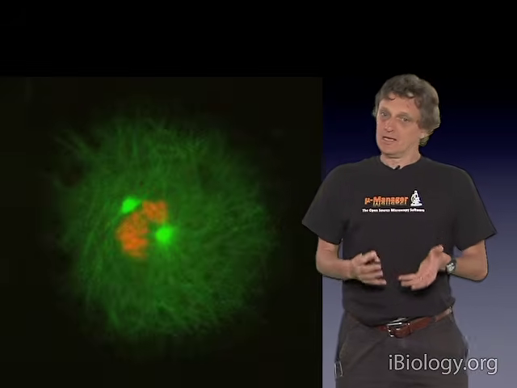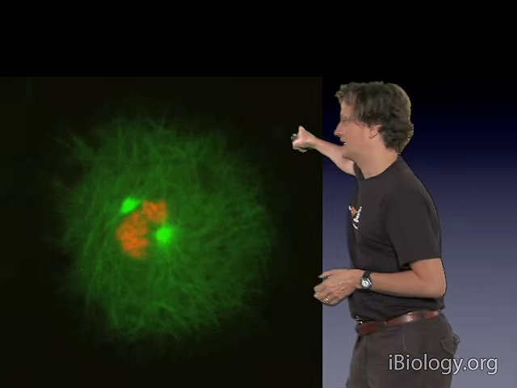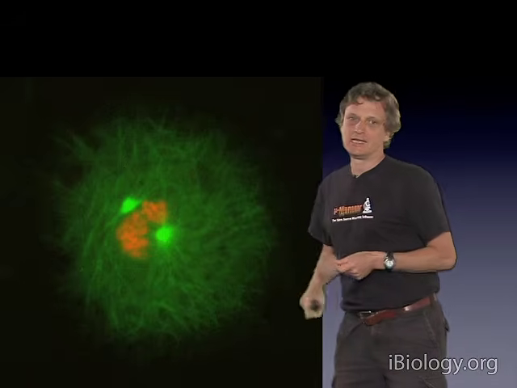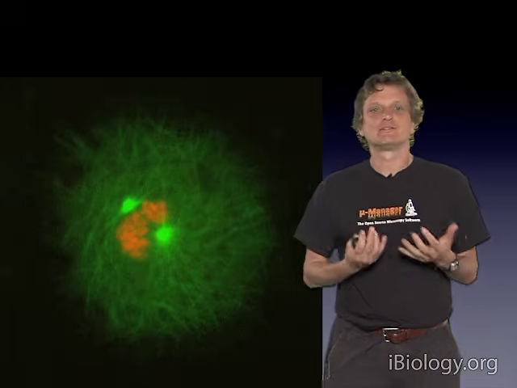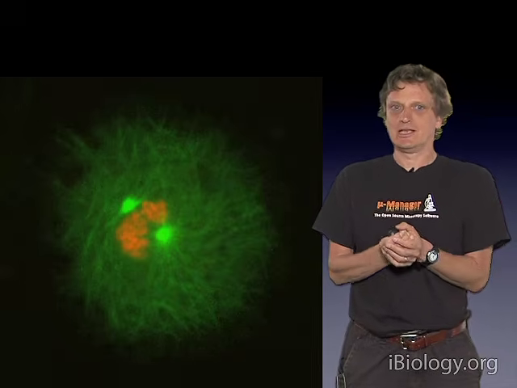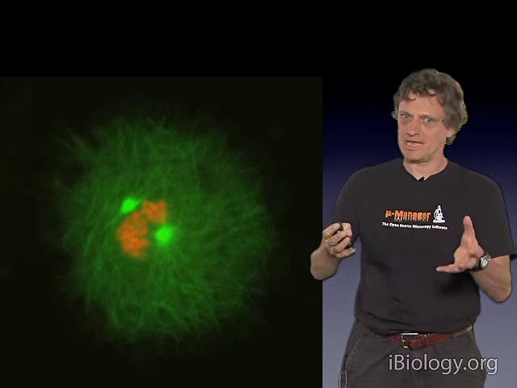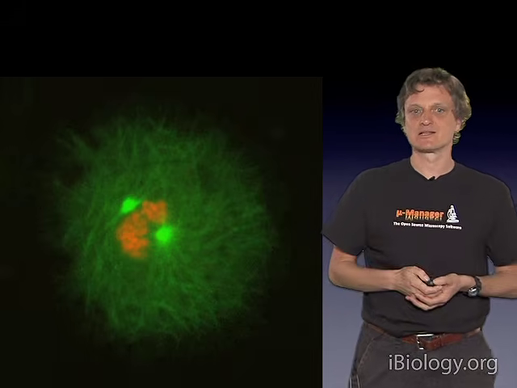Now, I'd like to finish this presentation going back to that movie that we saw in the beginning. In the end, we're using fluorescence simply because it's a great tool to let us look at cells and let us look at individual aspects of cells.